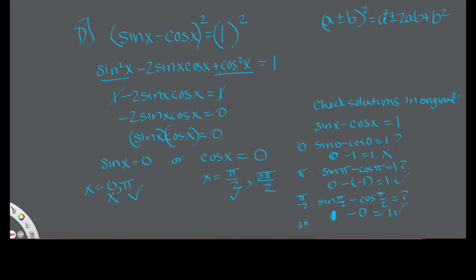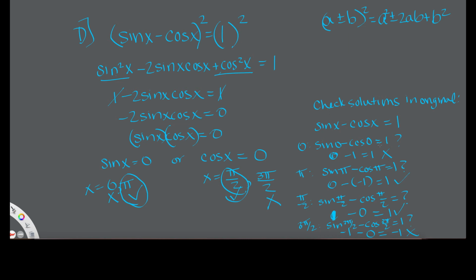And then finally, 3 pi over 2. So that's the sine of 3 pi over 2 minus cosine of 3 pi over 2. Does that equal 1? The sine of 3 pi over 2 is negative 1. Cosine of 3 pi over 2 is 0. That equals negative 1, so no. So this one doesn't work. So the only two solutions here are pi over 2 and pi.